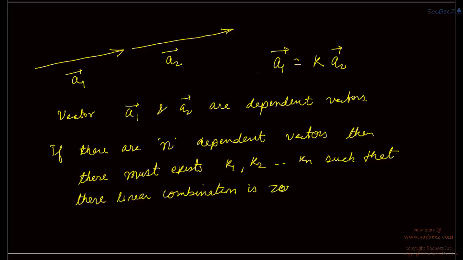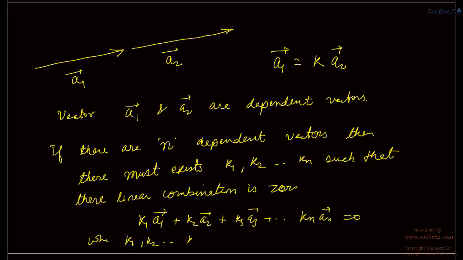That is, k1 a1 plus k2 a2 plus k3 a3 plus dot dot dot kn an is equal to 0, where k1, k2, dot dot dot kn are not all 0.